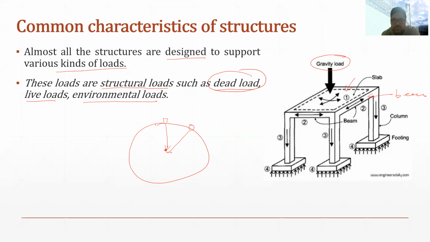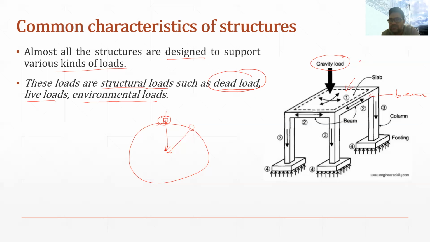And if we look at the earth locally like this, the load of this body, or the self weight of this body, will be attracted towards the gravity. And if we look at this locally, then we will consider this load as vertical load.